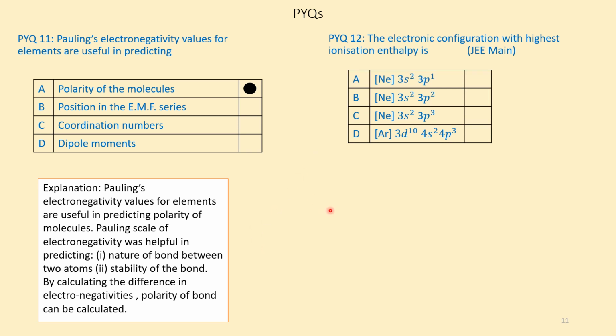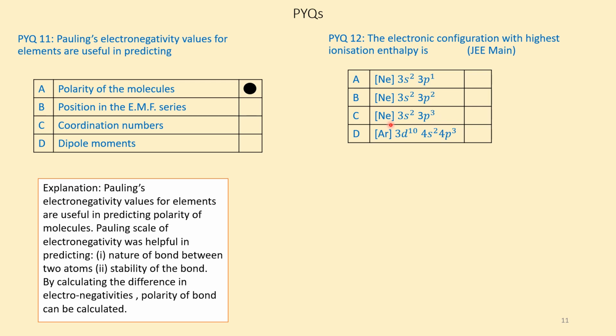Next question. The electronic configuration with highest ionization enthalpy is... This question was asked in the JEE Main examination. Option A, 3s² 3p¹; option B, 3s² 3p²; option C, Ne 3s² 3p³. A, B, C are prefixed by Ne.